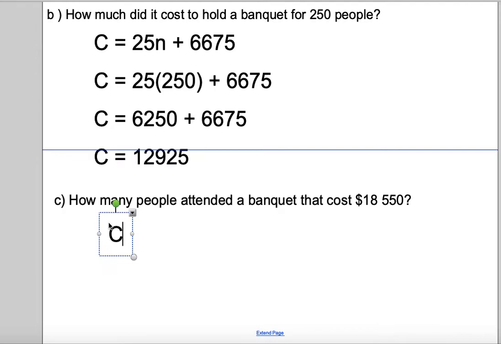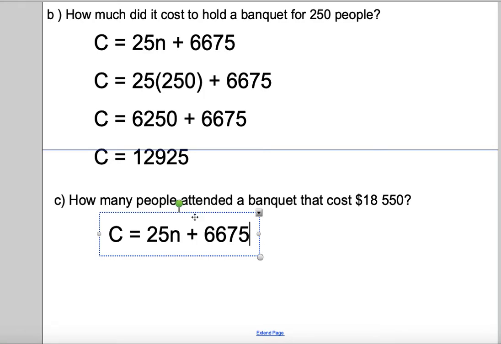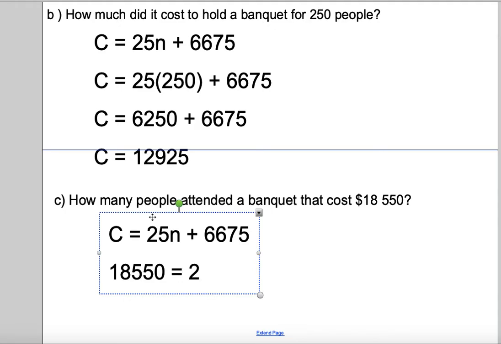Again, you're going to start with your same formula that we wrote for part A. So our total cost is equal to the $25 per person plus the flat fee of $6,675. This question is telling us the cost, so remember that the variable C represents the cost. So we're going to sub in that value for the cost, and that is equal to 25n plus $6,675.